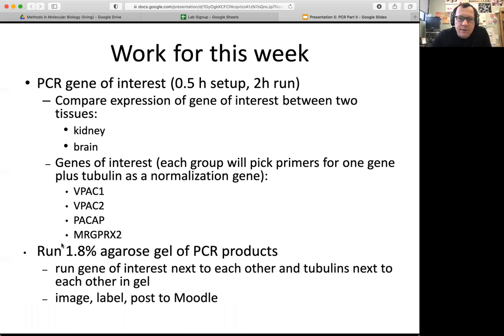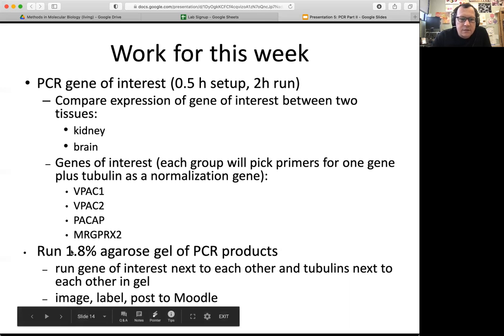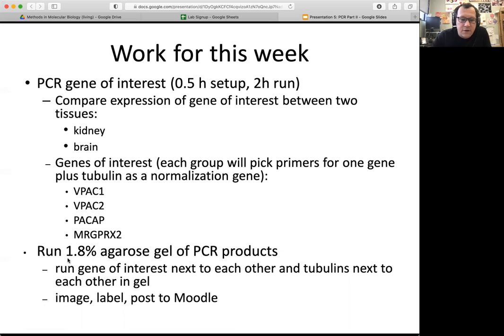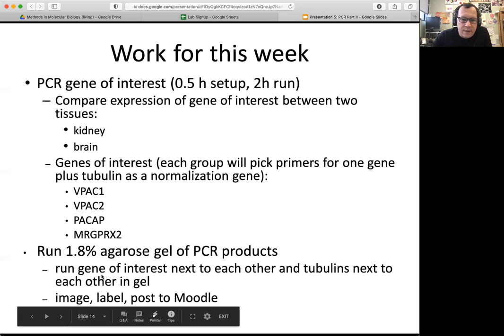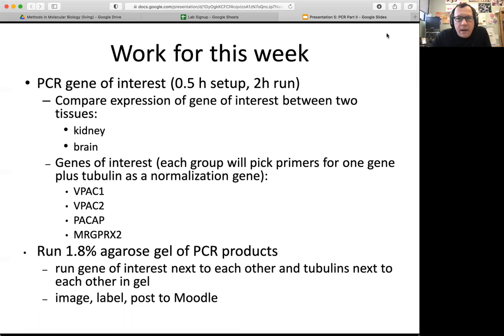These are really small DNA fragments that we're going to be looking at this week, and so you want a higher agarose percentage in order to account for those smaller PCR products. So think about the difference between the amount of agarose that you added for your 1.5% gels that you've already done versus the 1.8% gel that you need to do this week. All right, and as always, feel free to hit me up with any questions that you have.